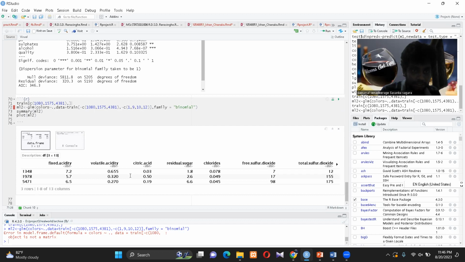I have eliminated some rows and these columns. What's wrong with it? First of all, let me call it TR, right? TR, then let me change this TR. Okay, let's run it again.